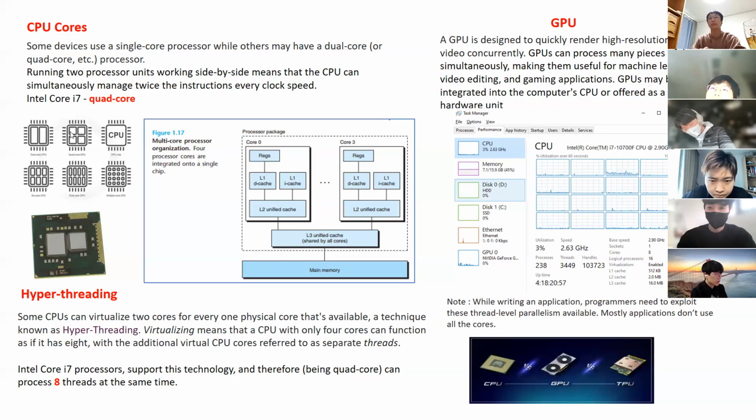So it has one core like this, and it can virtualize 2 cores. What does virtualize mean? Virtualize means that it has some registers, ALU, some capacity for doing certain tasks, right? So it can divide that into 2 different sets. It can virtually make 2 CPUs out of 1 CPU.